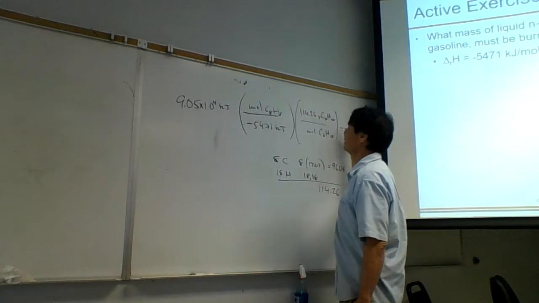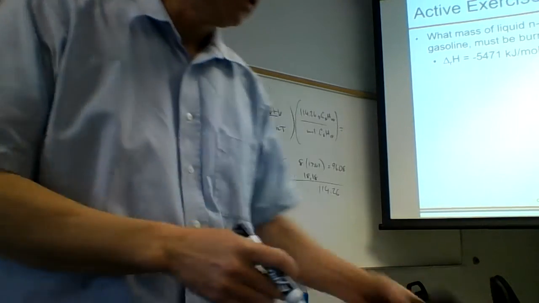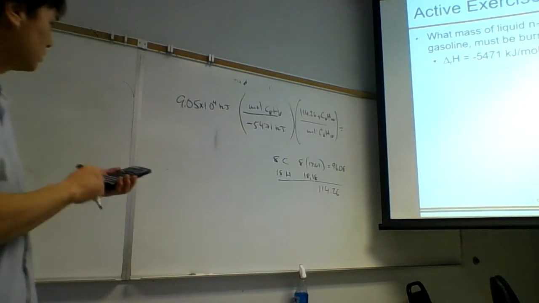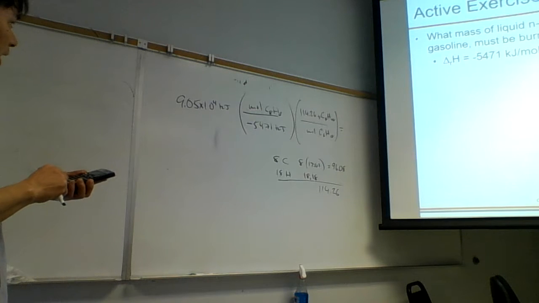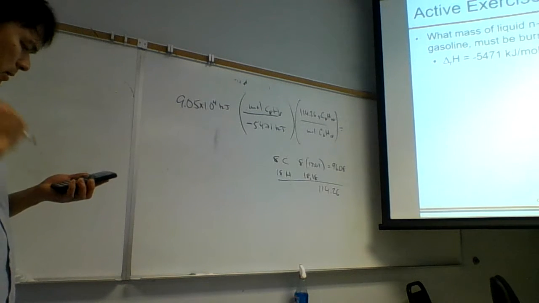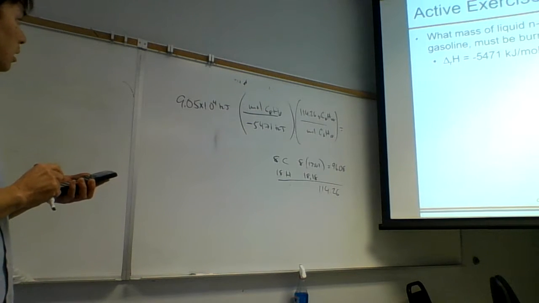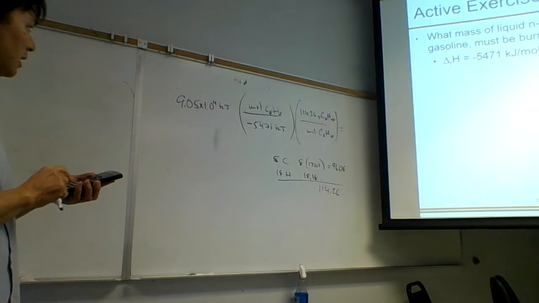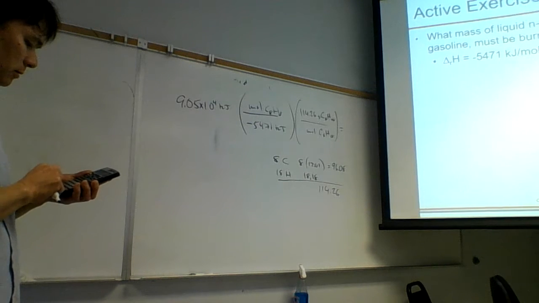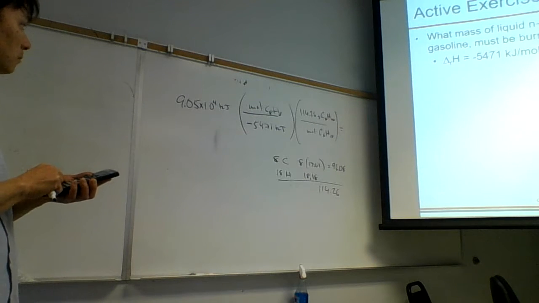C8H18. So when I calculate this, well, what do I get? If I just use the conversion factor as written, I'm going to get 9.05 times 10 to the 4th divided by negative 5471 times positive 114.26.